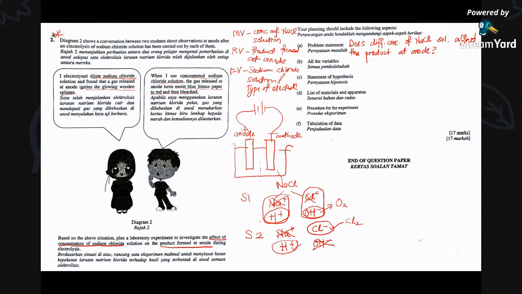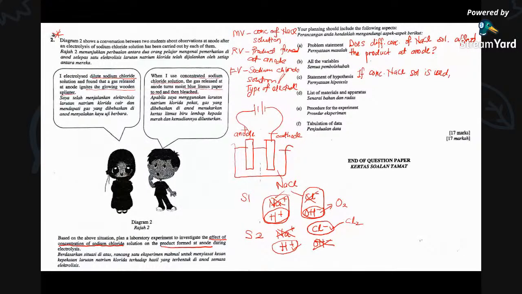So variables. Hypothesis. Okay, so hypothesis, you have to relate the variables again, manipulated variable and responding variable. So you can say, if concentrated sodium chloride solution is used, what will be produced?